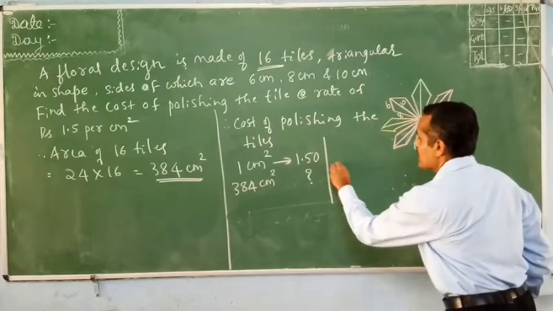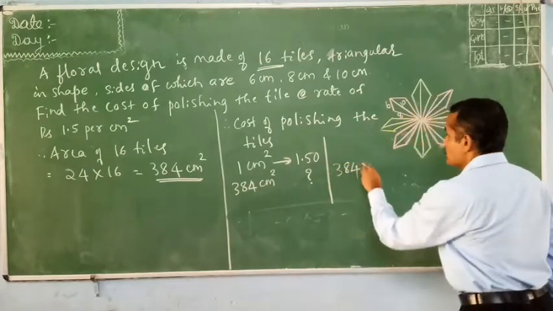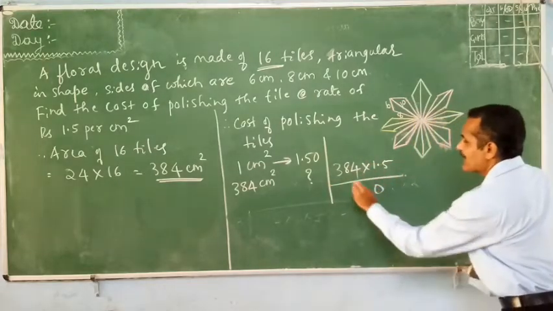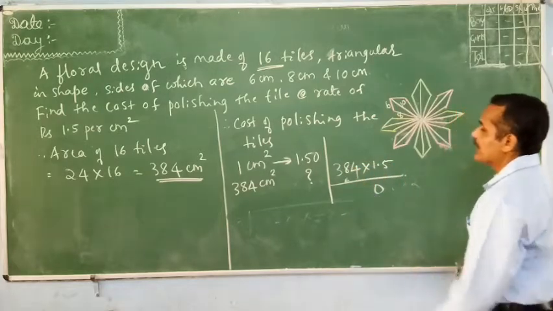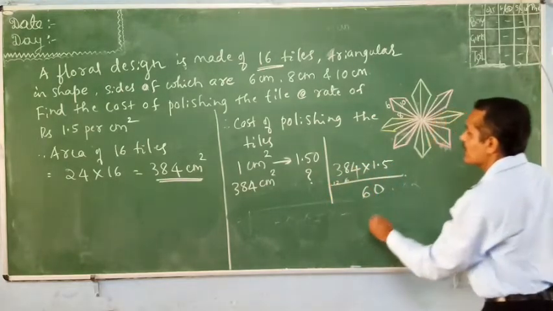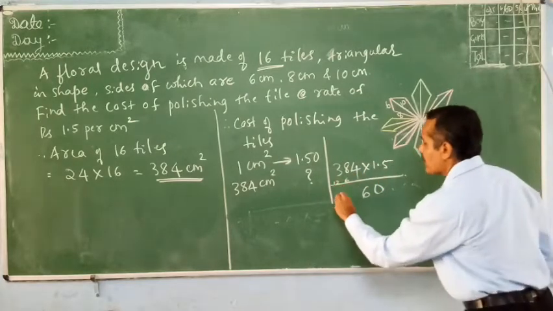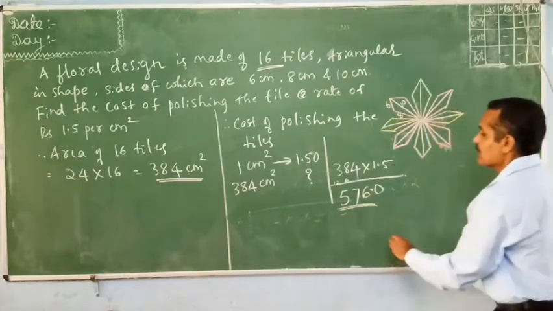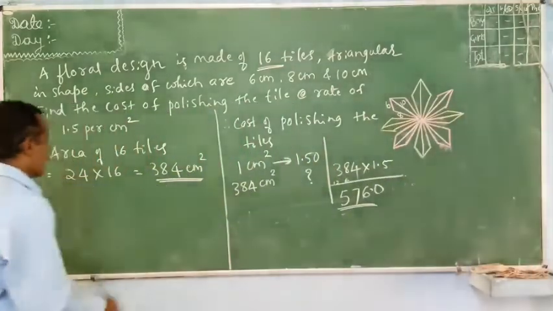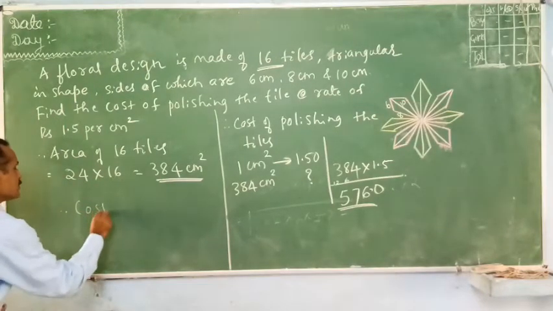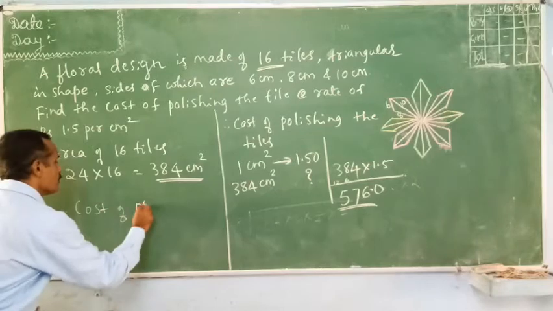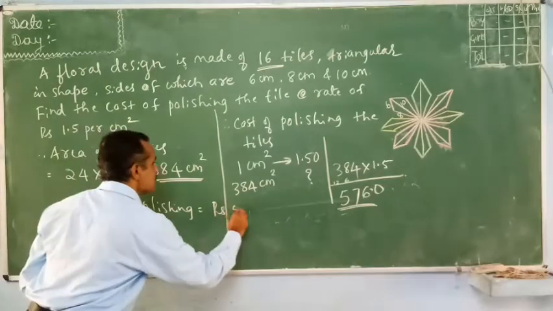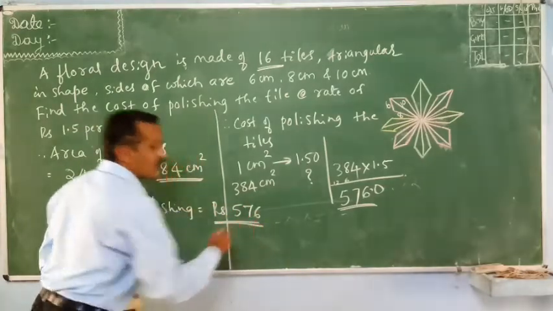Simple multiplication. 384 into 1.5. I will multiply with 15. 15 4s are 60, carry 6. 15 8s are 120, 126, carry 12. 15 3s are 45, 57. One digit after the decimal point. It is 576 rupees. Therefore, cost of polishing is rupees 576. That is the answer.